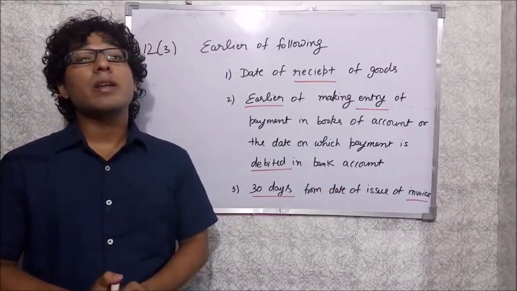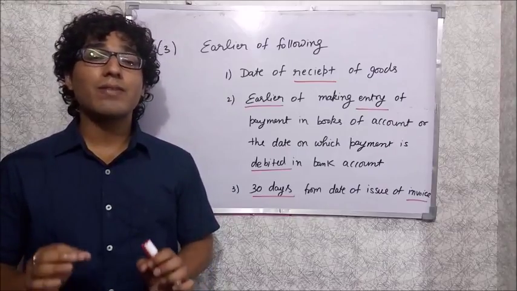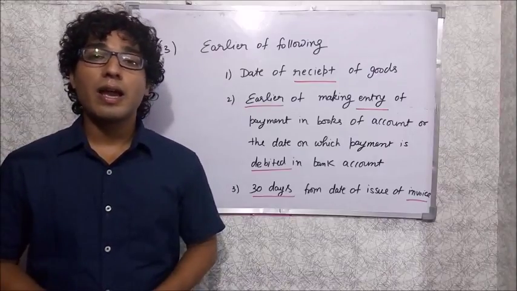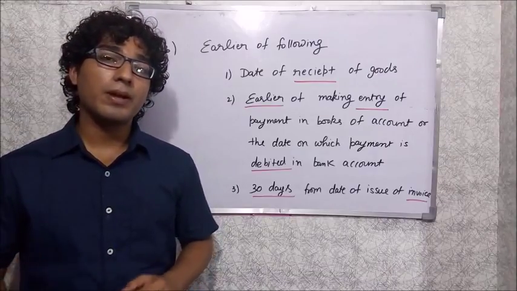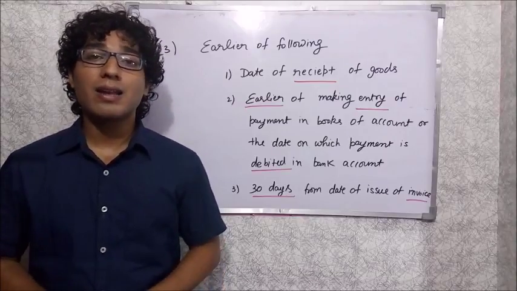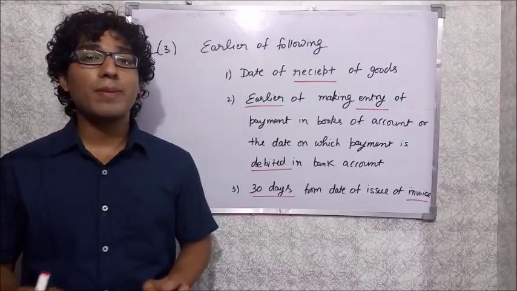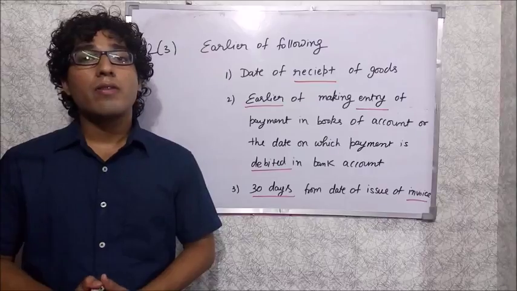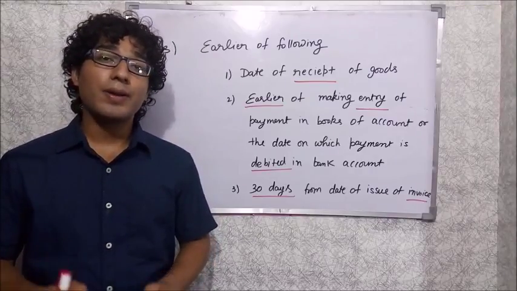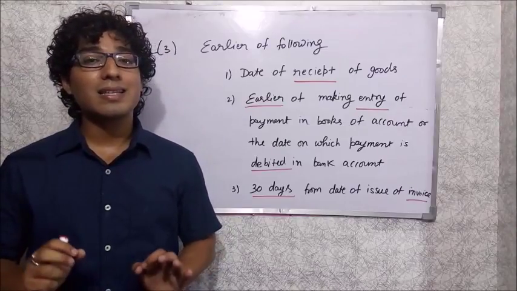Because you are the recipient of supply of goods, because you are under the reverse charge mechanism, you are the recipient of supply of goods and you want to make the payment to the supplier of goods. So the second event is the earlier of the two events. First, when you make the entry of payment into your books of account, or when the payment is reflected or debited into your bank account. So whichever event is the earlier will be considered as the second event.